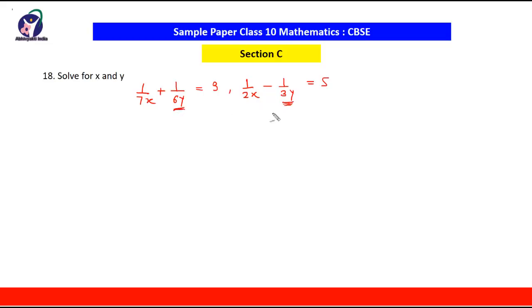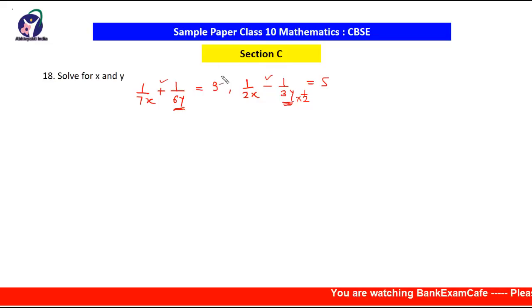To make these two terms equal, we will have to multiply this denominator by 2. It means this term by 1 by 2, so that this will become 1 by 6y. This is 1 by 6y, so these two terms will be equal. This is positive and this is negative, and therefore we will just add these two equations, so that 1 by 6y and 1 by 6y will get cancelled.